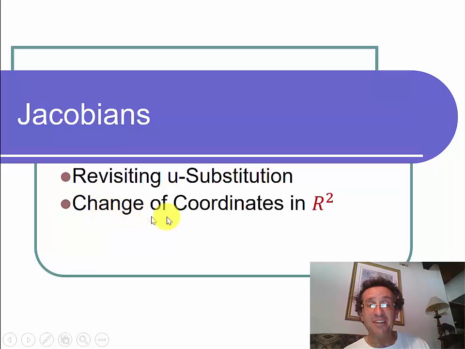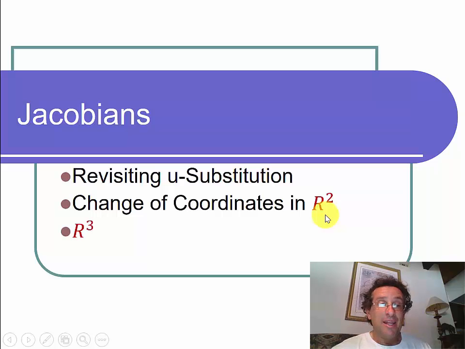So we'll talk about the change of coordinates in R2, which will be a little like U substitution, but more advanced, more sophisticated, and of course more work. And then we'll move to R3 and see what if we change coordinates in three-dimensional space. And we'll find out for both of these how we can relate this with integration.